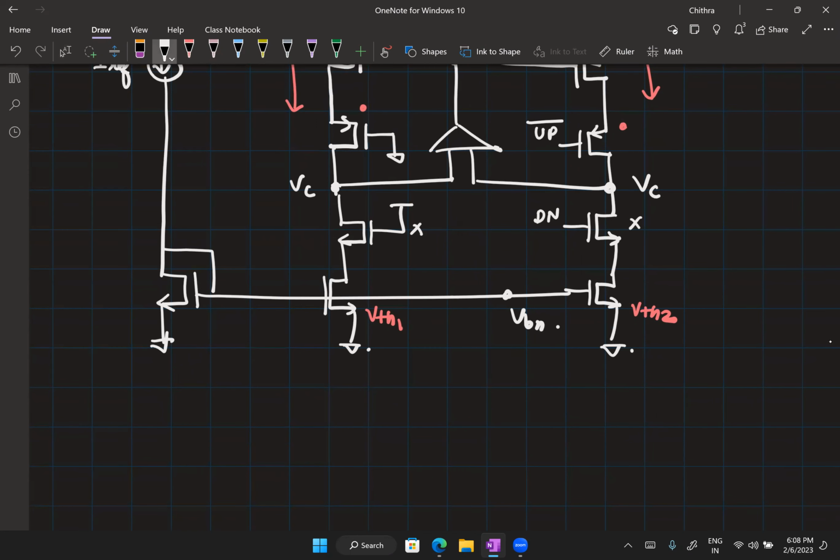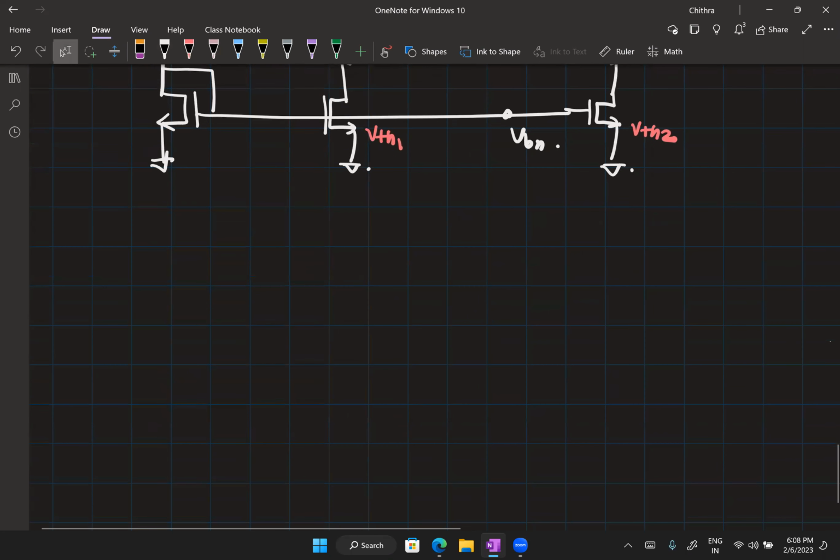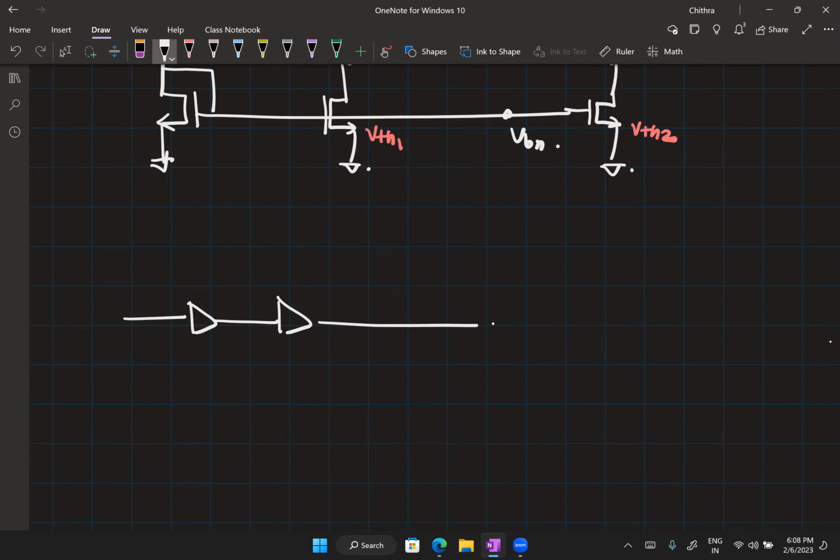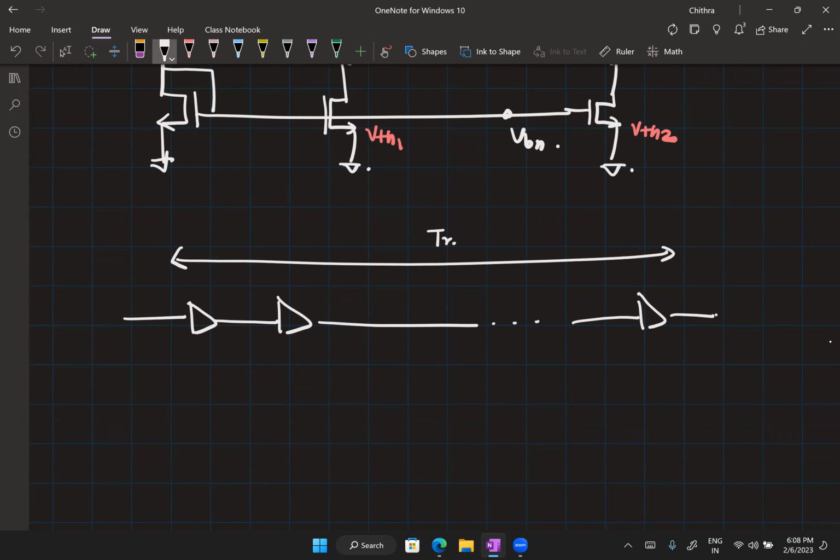So if I take one more example where this mismatch is relevant to you, it is within the VCDL. Now we said that if I take n VCDL units and ensure that the total delay is some Tref, each delay will be equal to Tref by n. Right? This is true only if the n buffers are identical.